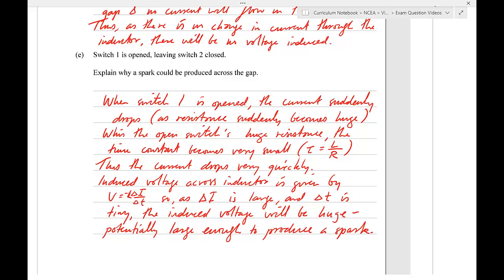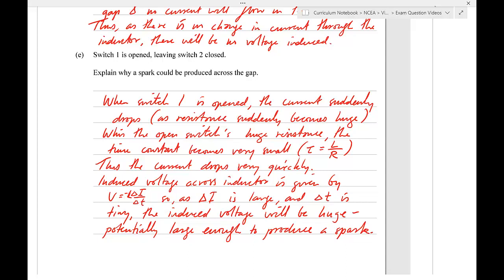Okay, explain why a spark could be produced. So we open switch 1, the current suddenly drops, because an open switch basically introduces a gap of air in that circuit, so the resistance becomes huge. With the open switch's huge resistance, the time constant becomes very small, because R here is big.